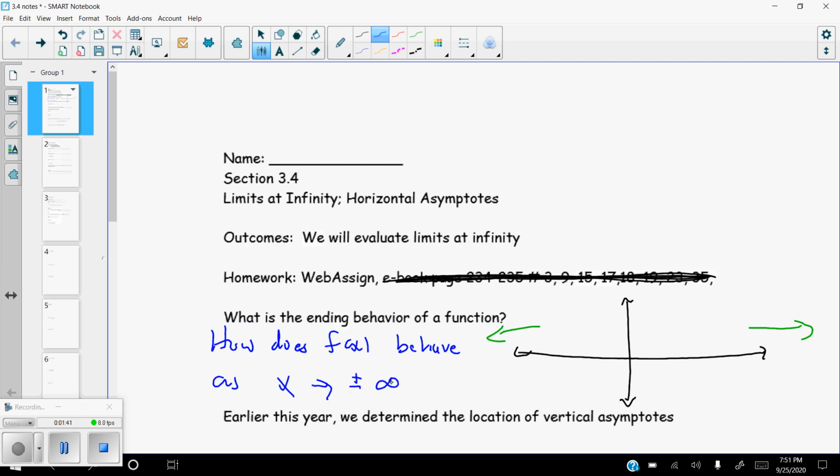So we talk about the extremes. We talk about the farthest to the right that you can go and the farthest to the left that you can go on your graphs. What is happening to the function as x approaches those values?